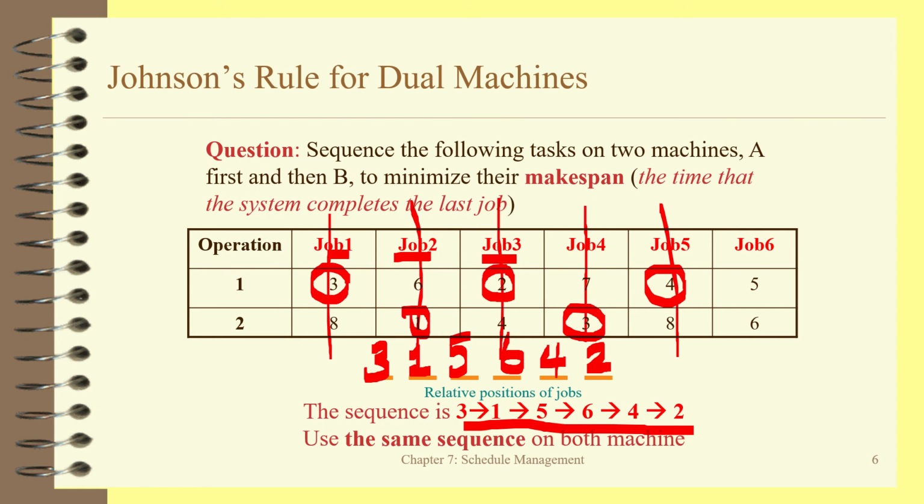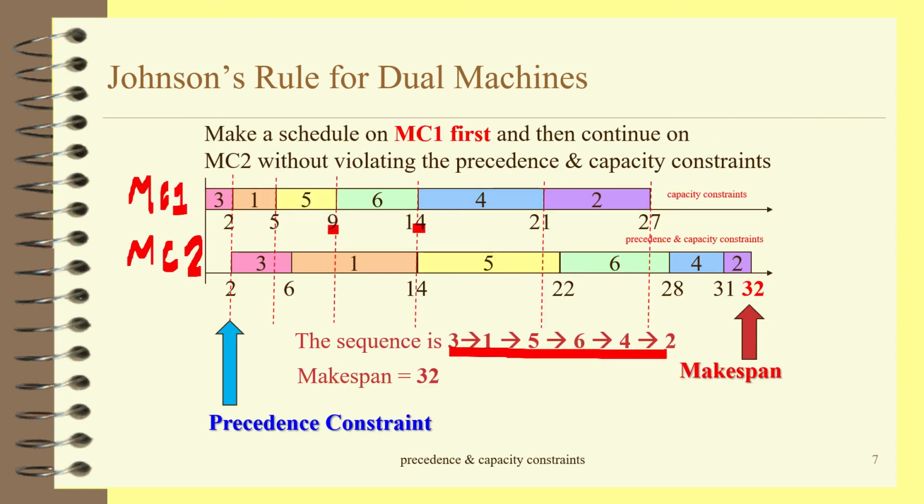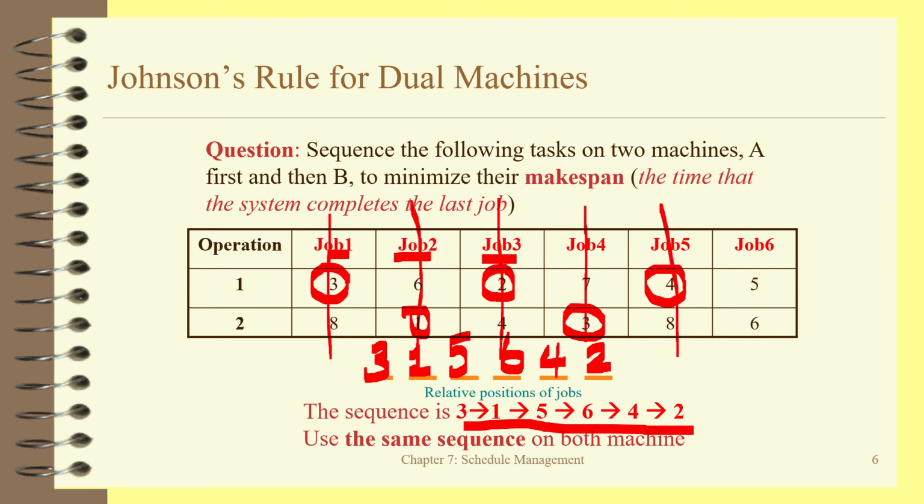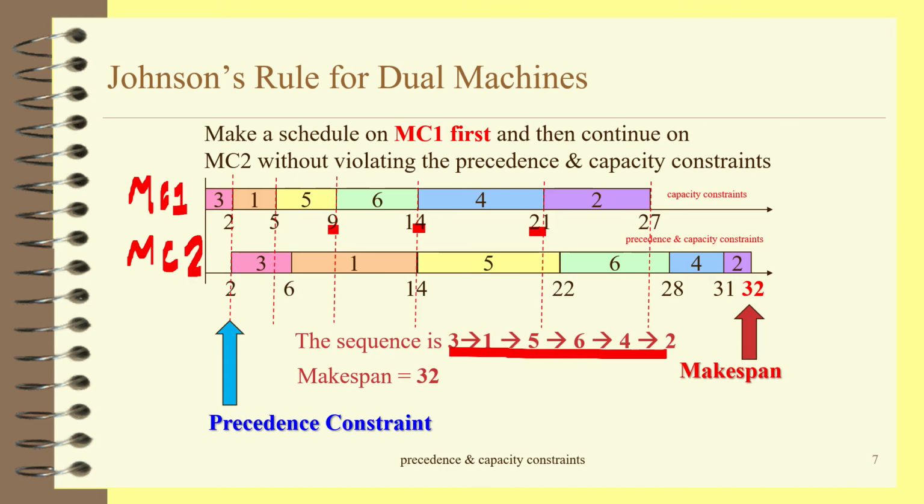Then job 4 requires 7. 7 plus 14 is 21. And then the last one on machine 1 is job 2. Job 2 requires 6 units on machine 1. 21 plus 6 is 27. So once you complete the first machine, then you can go to the second machine.